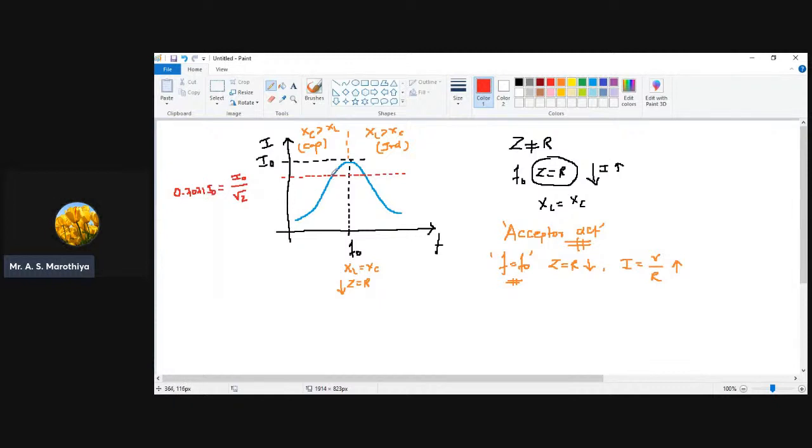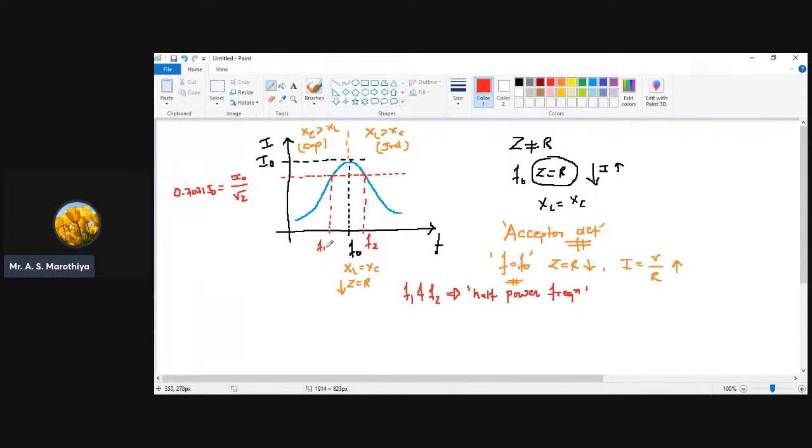Here we have the intersection of current with respect to frequency at this point and at this point. This is going to be the first frequency F1, and this is going to be the second frequency, F2. Now this F1 and F2 are known as half power frequency. Now why is it called half power frequency?